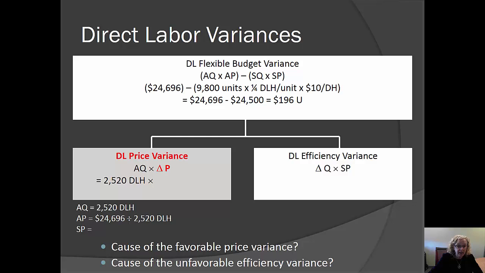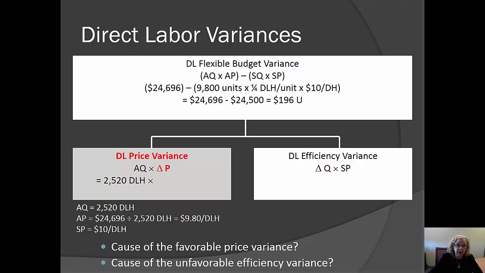We know how many labor hours we used, so we can divide the actual number of labor hours into the total number of dollars we paid for labor, and that tells us that we paid on average $9.80 per labor hour. Our standard price for labor was given to us, $10 per hour.